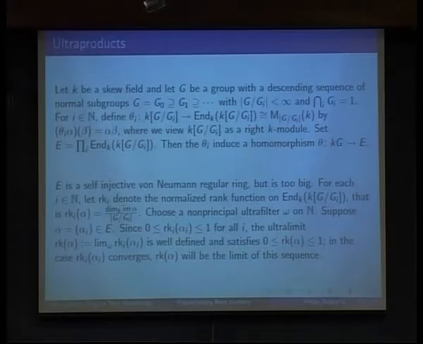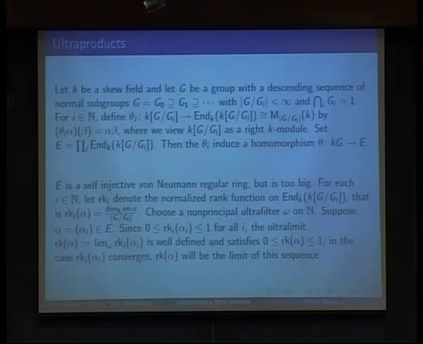It's a bit complicated to describe exactly what the limit over omega of rank of alpha_i is, but in the special case where the ranks of alpha_i actually converge, then the rank of alpha would just be the limit of that sequence.